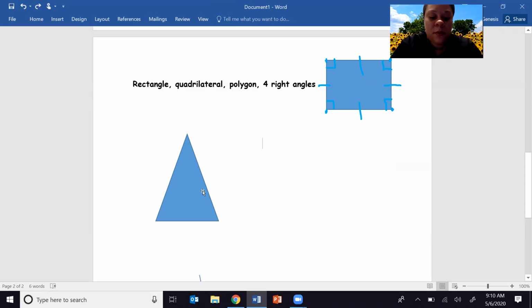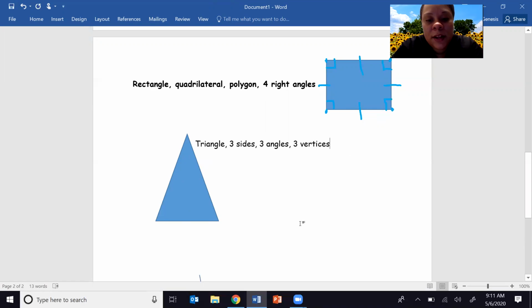Now let's look at this shape over here. What is this shape? Well, that's a triangle. And it has 3 sides, 3 angles, and 3 vertices. Now remember, it does not have a right angle. That's why we're not writing right angle, because it doesn't make a little square in the corner.